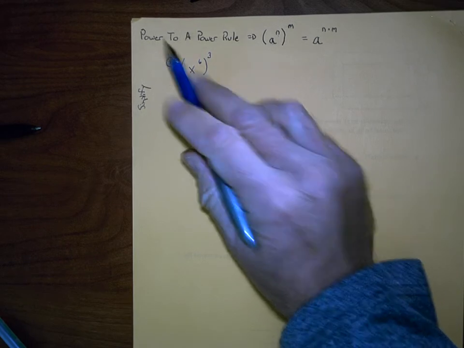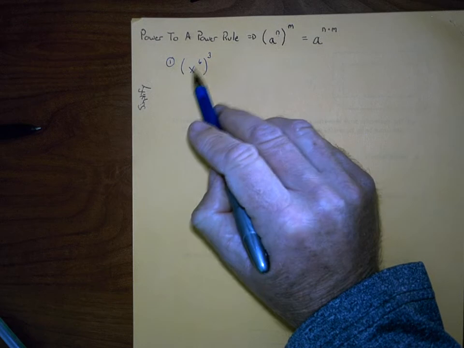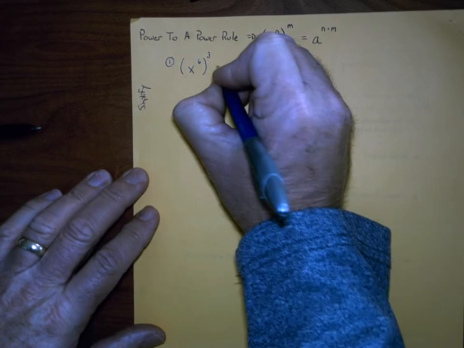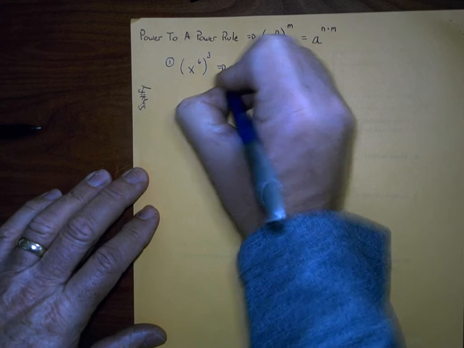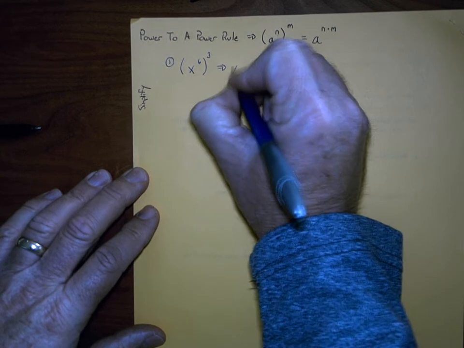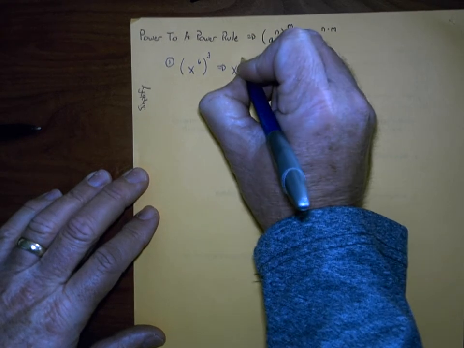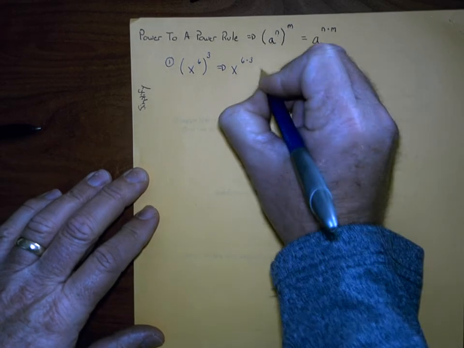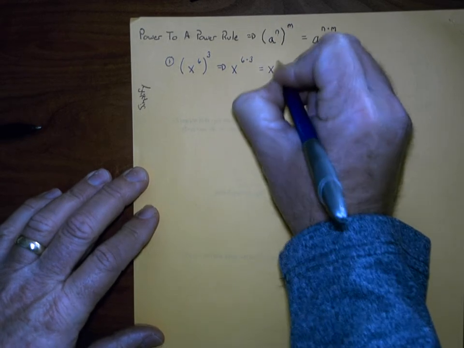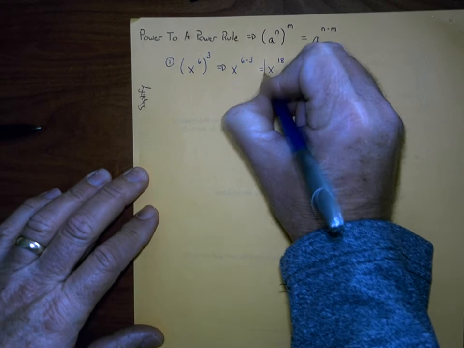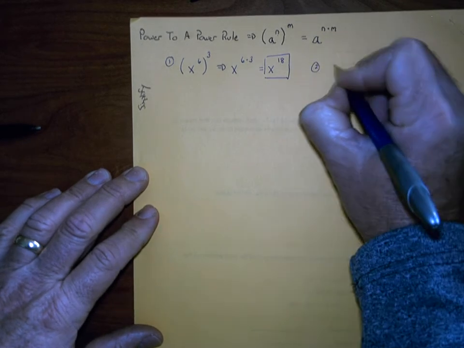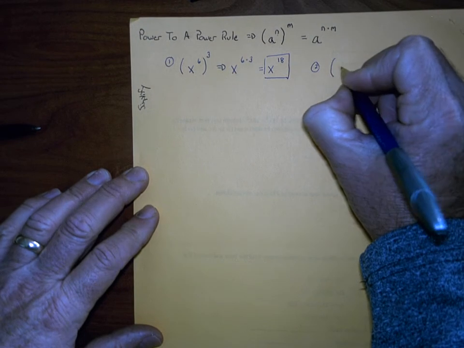The rule is to simplify this expression, you leave the base, x, and then you multiply the inside exponent by the outside exponent, so this would simplify to x to the 18th power. Example number 2 would be, what happens if you have an inside with a coefficient?